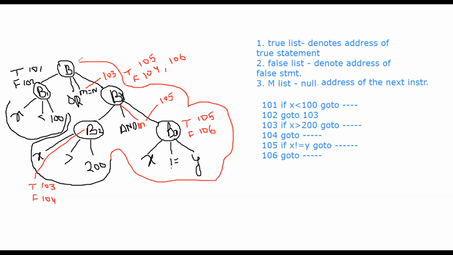You will go to the final statement B. Now we have to create again the true list for B and the false list for B. Now there is a rule for B. What is the rule?